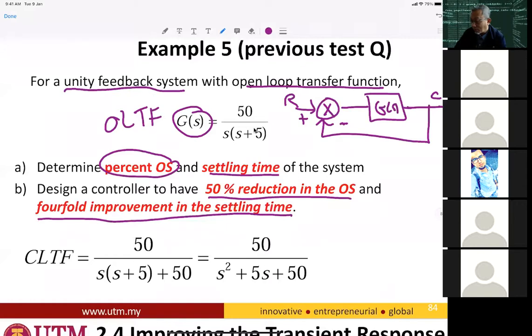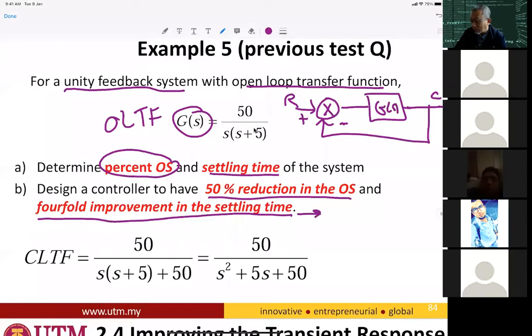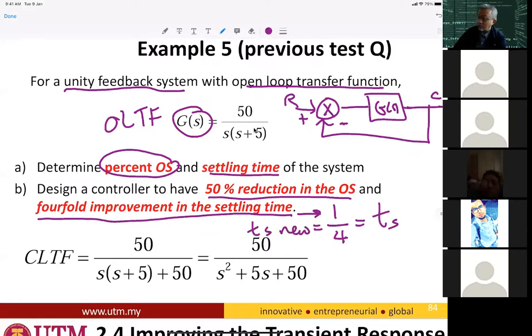So what do you mean by 4-fold? It is 4 times improvement of the settling time, the old one. So Ts new will be 1 over 4 multiplied by the old settling time.